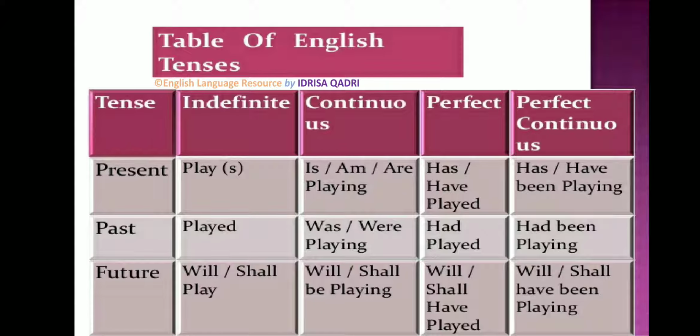In present tense, we have simple or indefinite, present continuous or progressive, present perfect, and present perfect continuous. And similarly, in past tense, we have simple past, past continuous, past perfect, and past perfect continuous. In future, we have simple future, future continuous, future perfect, and future perfect continuous.